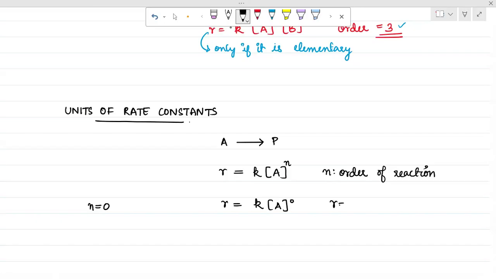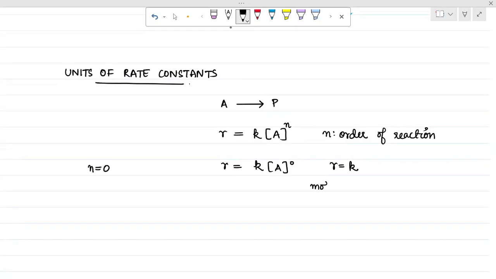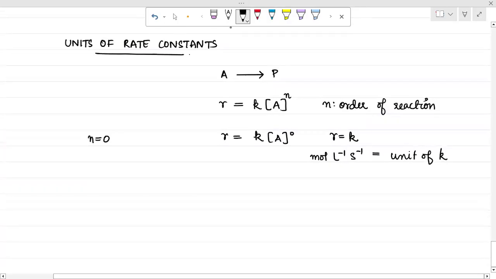So this becomes R is equal to K. Now what will be the unit? We already know the units of R: it is moles per liter per second. That is going to be the unit of rate constant as well, because K and R are the same. So for a zero order reaction, the unit is moles per liter per second.